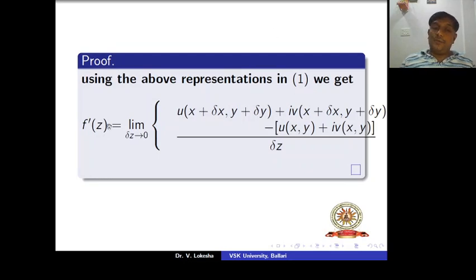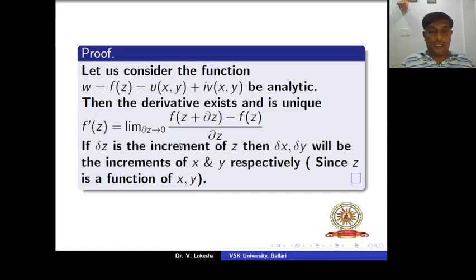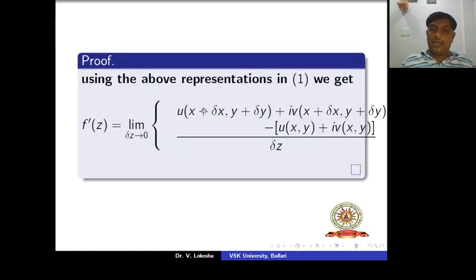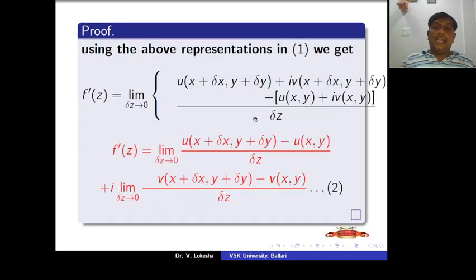Using the above expression, we will change it to the u and v functions. Here f(z) is u(x,y) + i v(x,y), where x changes to x + delta x and y changes to y + delta y. Similarly, you get this equation. Then f'(z) is the limit with the real and imaginary parts separated, u being the real part and v the imaginary part, with the denominator delta z.